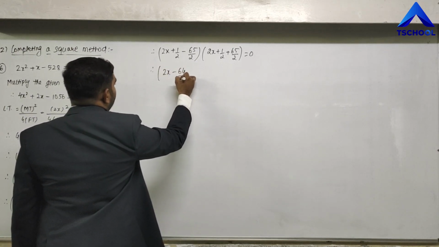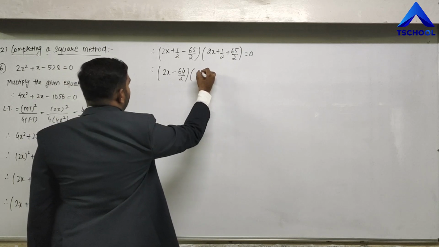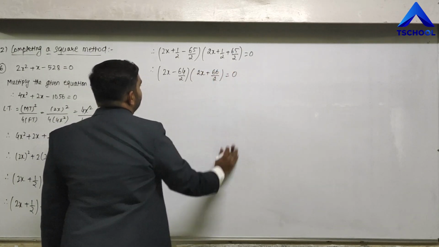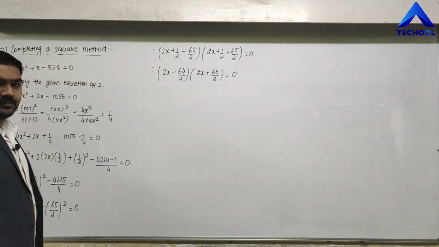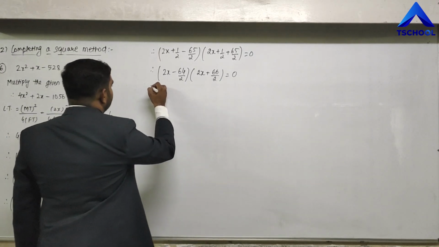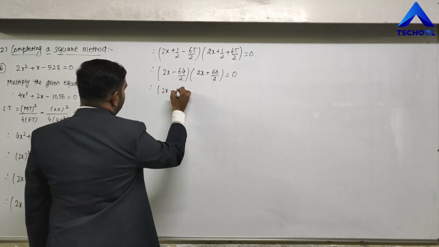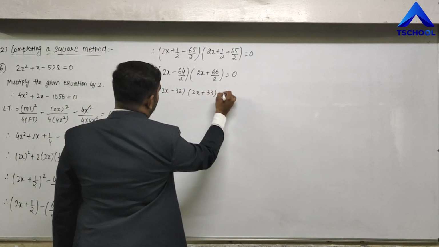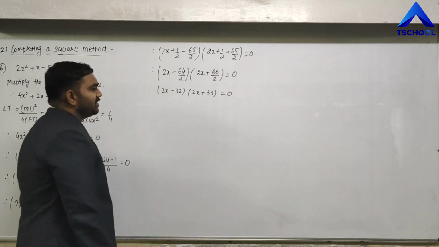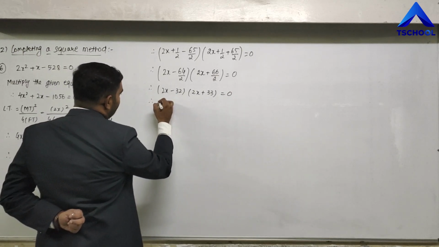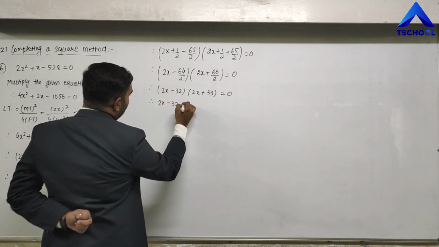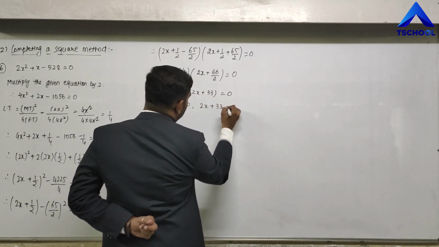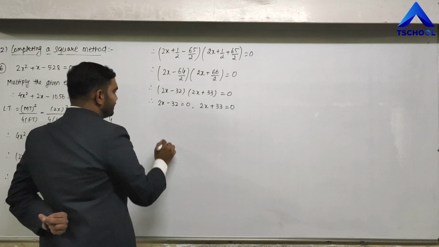2x minus 64 by 2 into 2x plus 66 by 2 equal to 0. Right? And hence we get 2x minus 32 into 2x plus 33 equal to 0. Therefore 2x minus 32 equal to 0, or 2x plus 33 equal to 0.